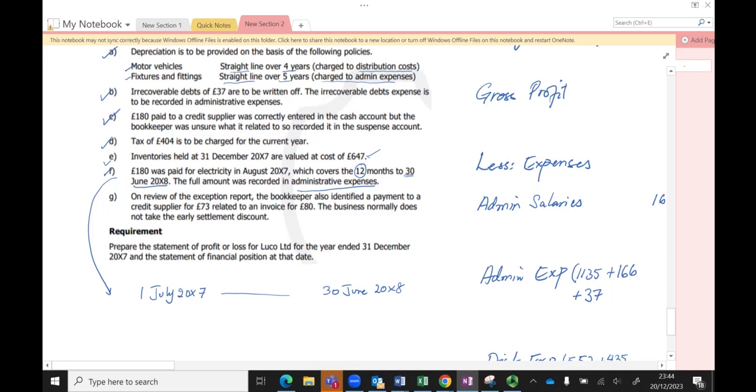So if I go back 12 months, the starting date will be 1st of July 2007. Now, the year end in this question is somewhere in the middle, which is 31st of December. That means this is an expense that we have consumed, but this is prepaid expense. Prepaid expense for 6 months.